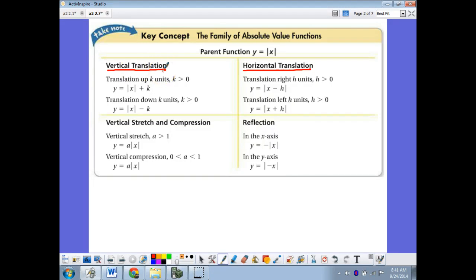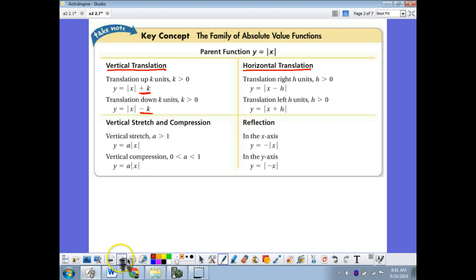We're just going to move it around, and if we add or subtract a number outside of the absolute value, that means we're moving it vertically. Okay? If it's a positive value outside, we're moving it that many units up. If it's a negative or subtracting a value outside, then we are moving it that many units down.